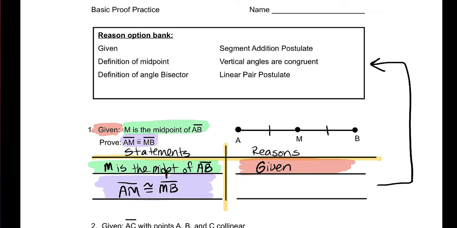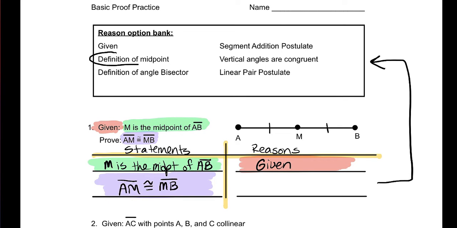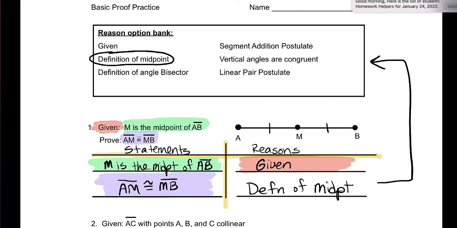So our reason, coming from the reason bank, is going to be the definition of midpoint. Since we're told we have a midpoint, we can apply the definition of it. Any of our vocabulary word definitions are acceptable as reasons.